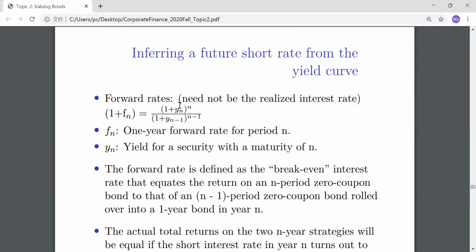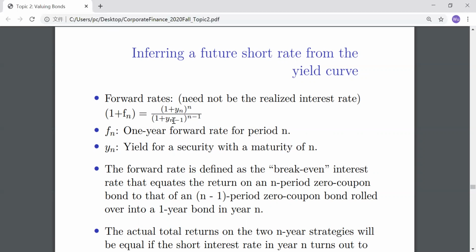So this 1 plus yn to the power n is buying one n year zero. This is the future value of buying an n minus 1 year zero, and then this is the expected return you get from rolling over this n minus 1 year zero for another year.